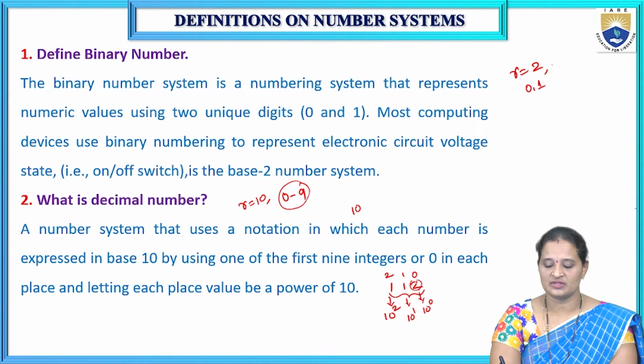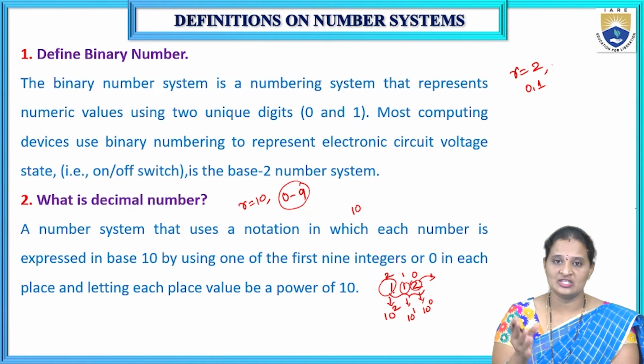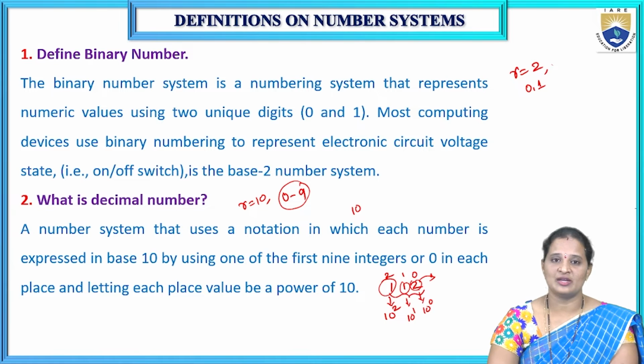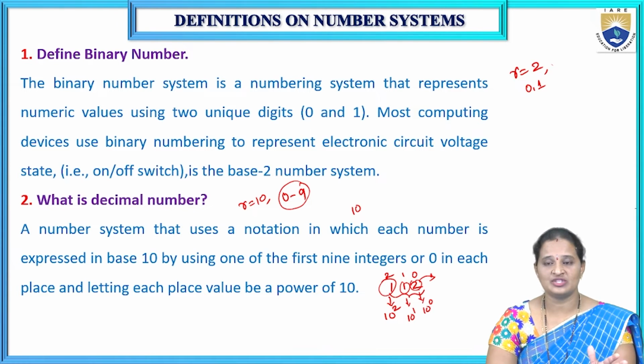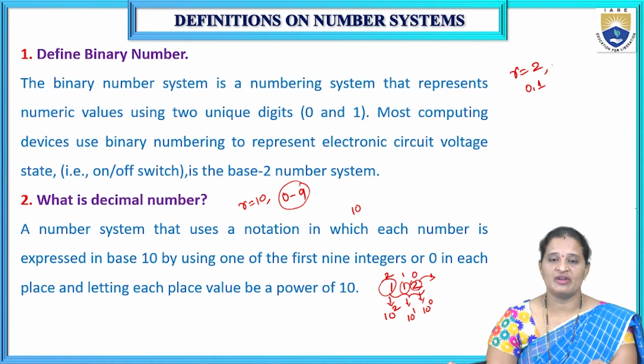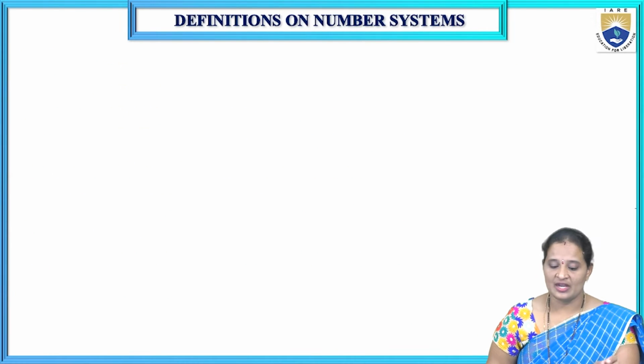That means the places are ones place, tens place, and hundreds place. Like that, each digit will have its own positional weight, expressed as a power of 10. So a decimal number system is a system in which each number is expressed in base 10 and can be represented using any one of the digits 0 to 9, and each digit has its own positional weight, expressed as a power of 10.